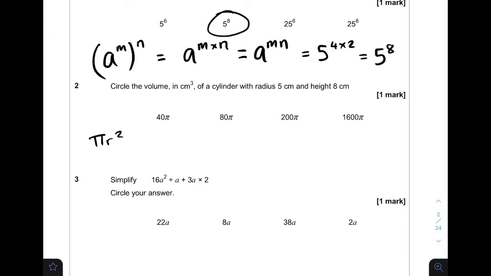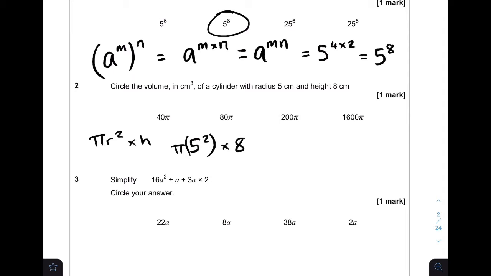And then because this is a cylinder we're dealing with, we want the volume, so we just multiply it by the height, or if it was the length of it, then we could do it by the length. So in this case, we'll do it by height, so multiply by h. Now radius is 5, so 5 squared, and pi, 5 squared, times by height, which is 8.